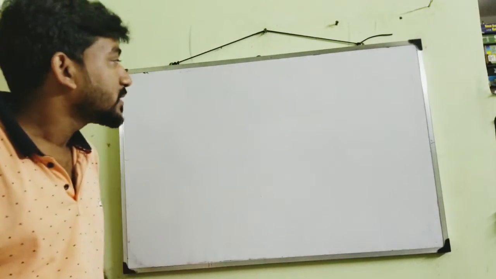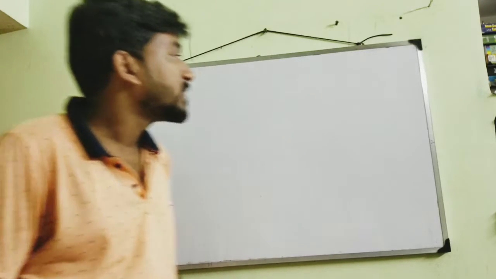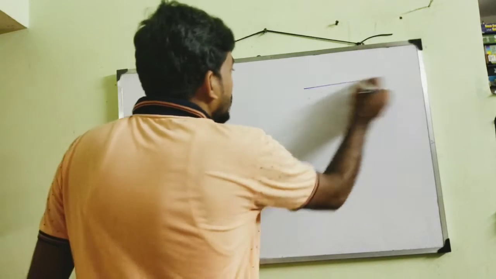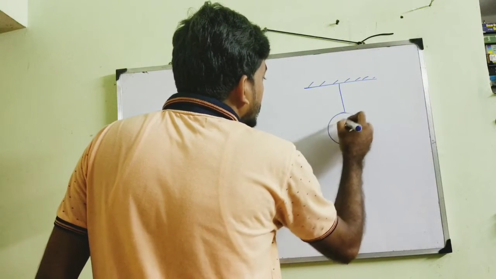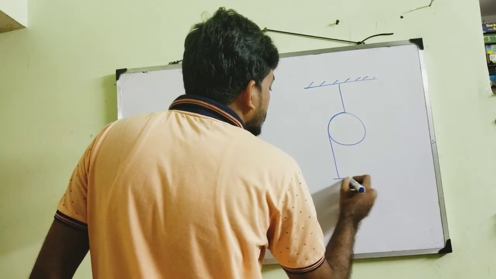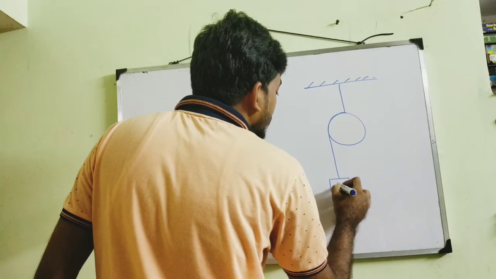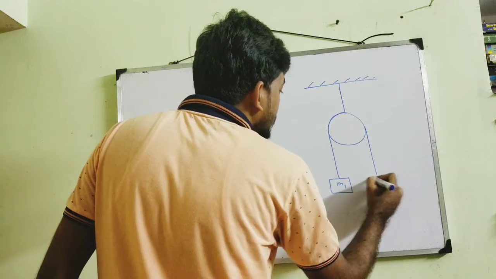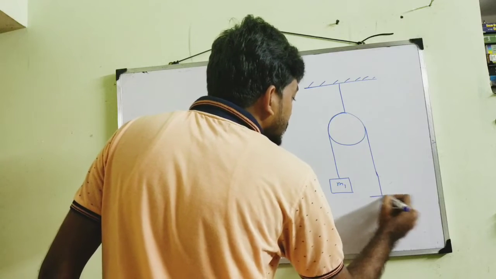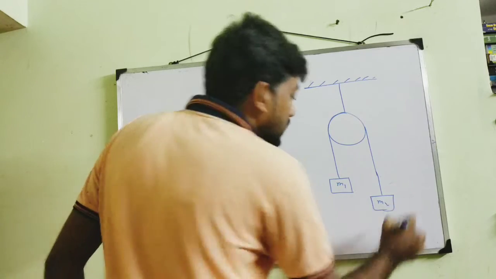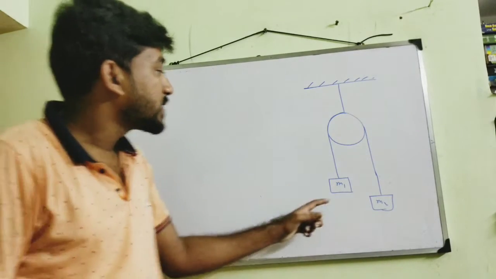So in the previous lectures, I first discussed with you a very simple thing, that is, if there is one pulley and two masses, one mass is m1 and the other mass is m2, hanging like this.